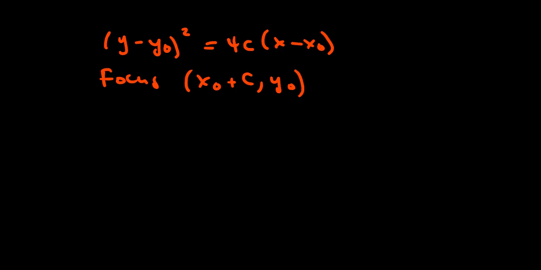Since this side to our right is in the x, we are adding our c to the x coordinate. Then our vertex is at x naught comma y naught. Then our directrix, in terms of x now, is x equals x naught minus c. So that is how it will look.